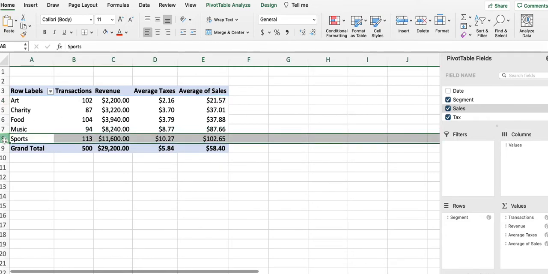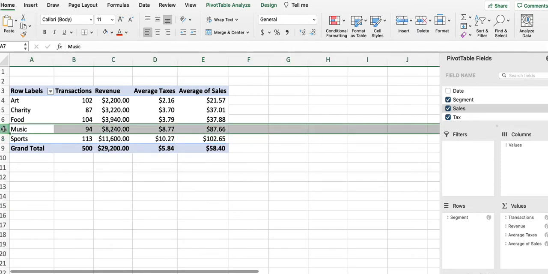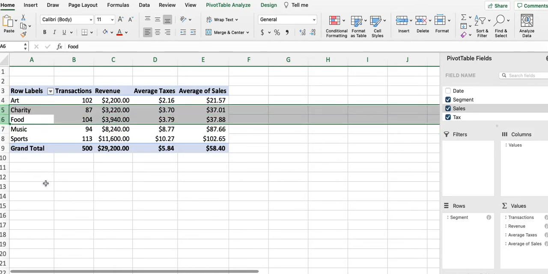Whereas if I stuck with the sports, I could make a considerable amount more money. We can also see that music is relatively profitable, and then we have the food and charity.